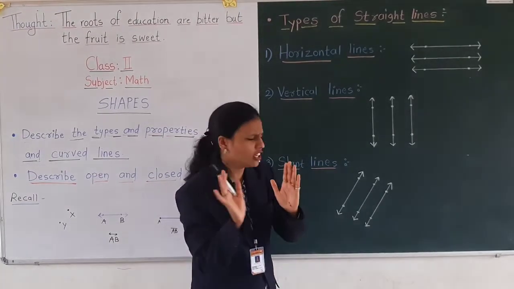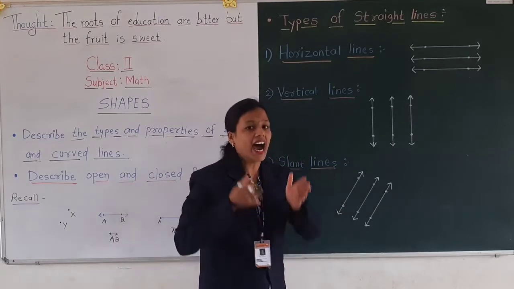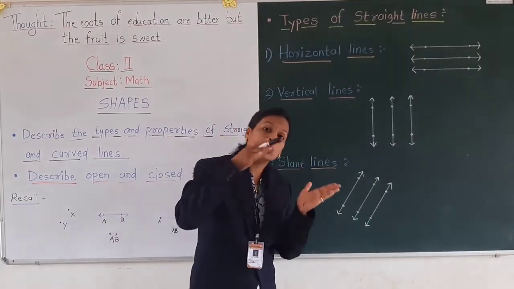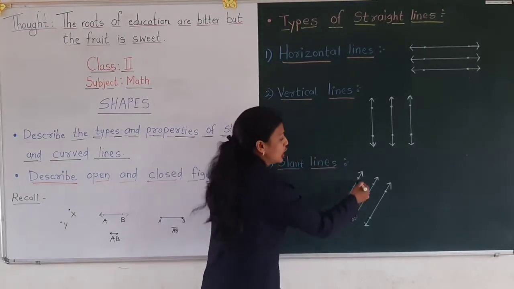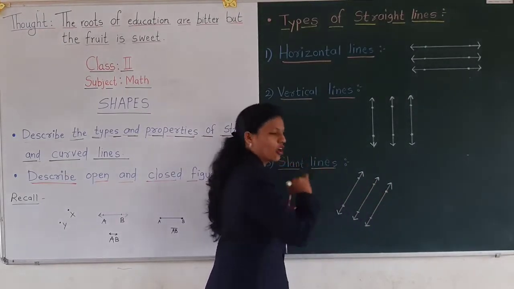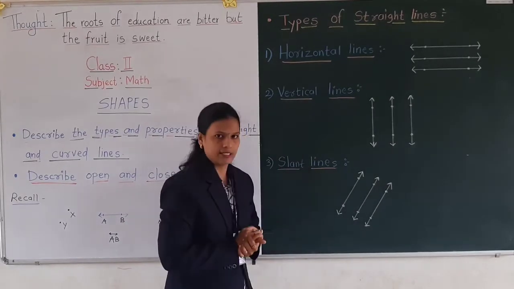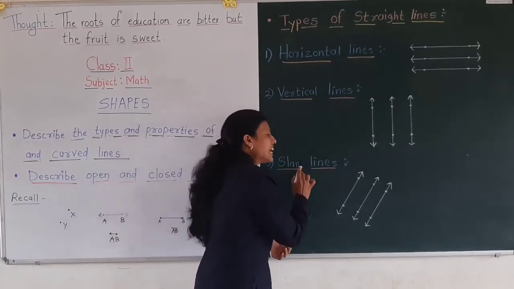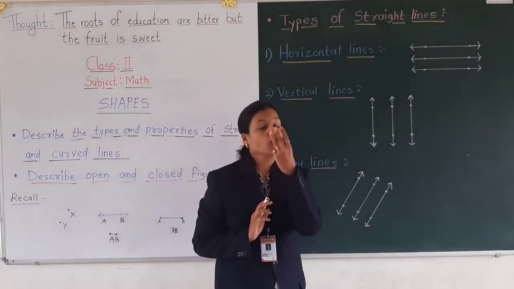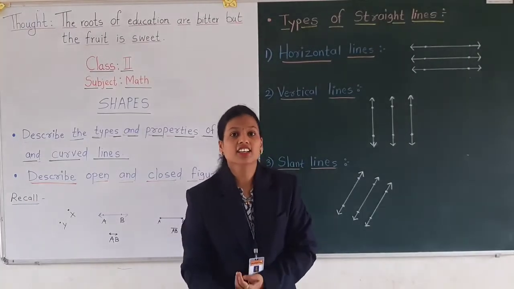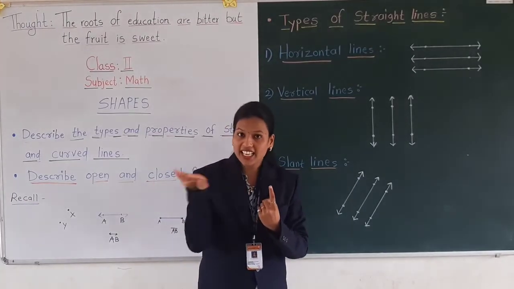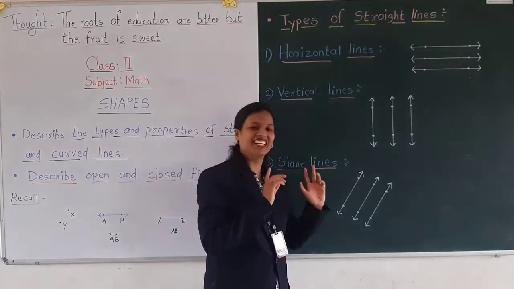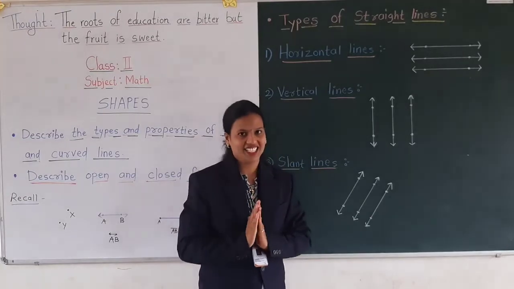Now see carefully. Vertical lines and the third one is slant lines. Okay.